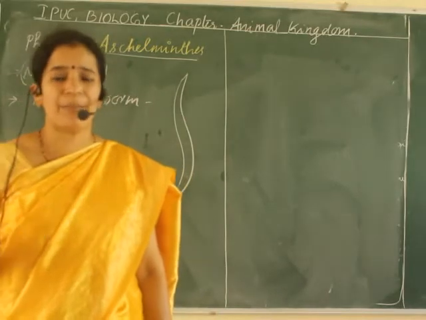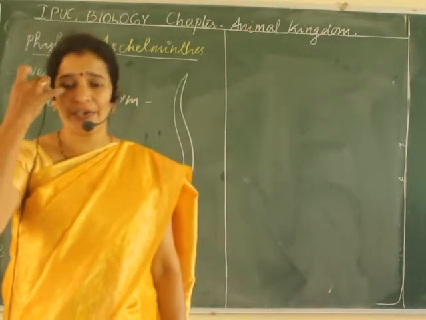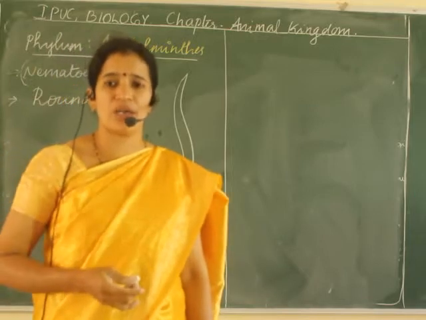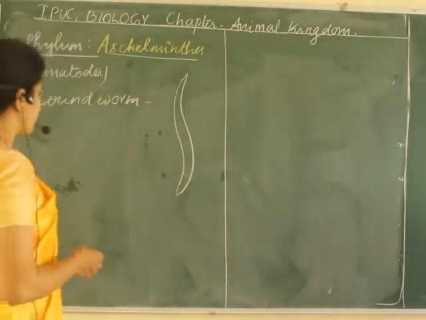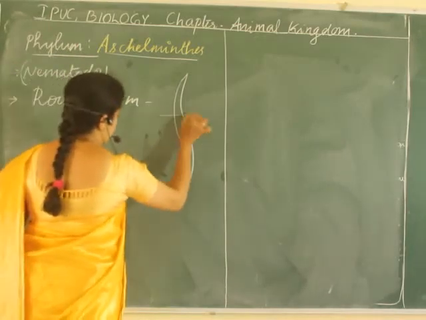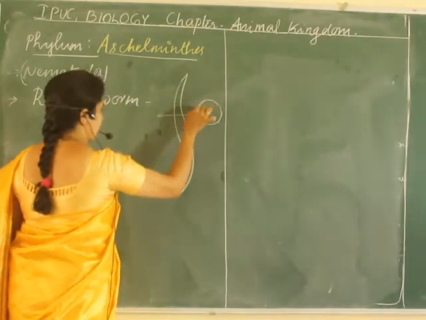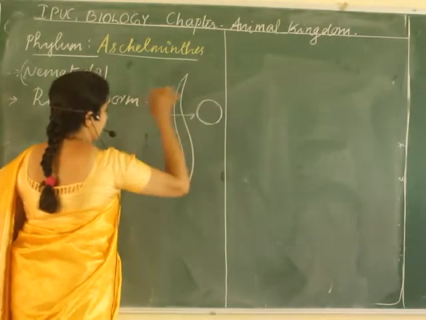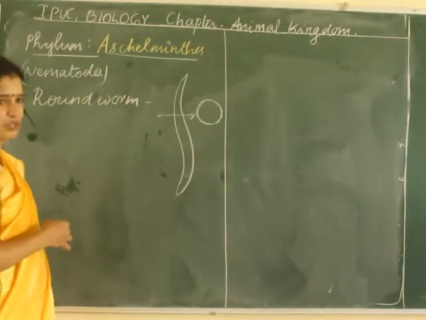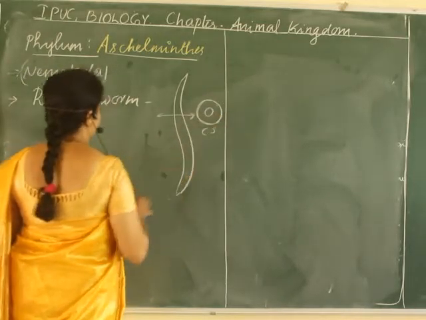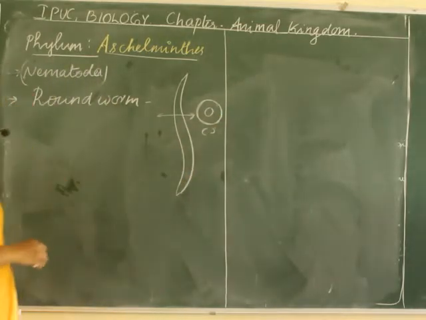So it looks long, cylindrical, straight, and if we take the cross section of this worm, it looks circular. So that's why the Aschelminthes is also called a roundworm.